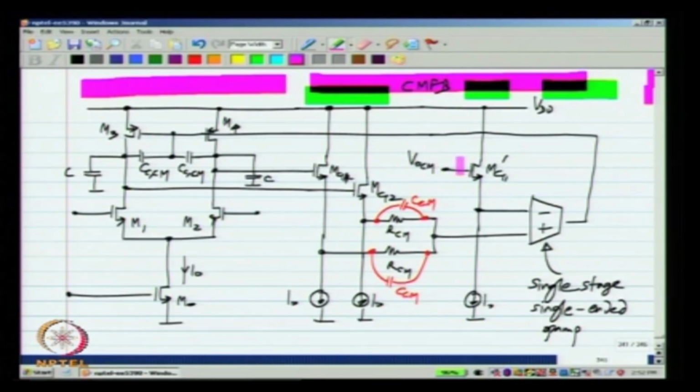What should be the value of VOCM? We did not discuss that, but it is kind of straightforward. There will be certain output swing limit for the fully differential op amp. Now, VOCM should be in the middle of that range, so that you can swing the maximum possible. I did not discuss the swing limits of the fully differential single stage op amp, but again it is quite simple.